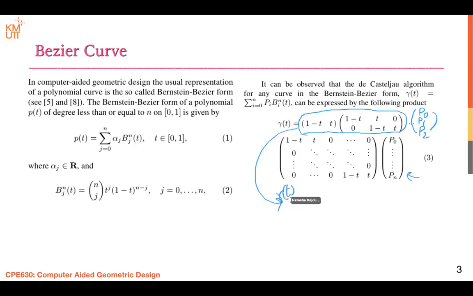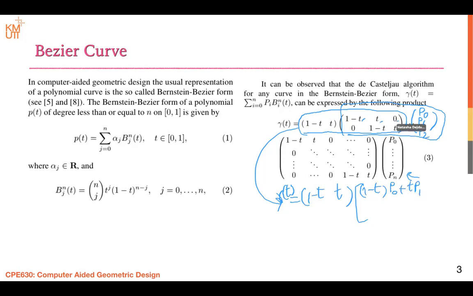gamma t is equal to 1 minus t. I have to write this first, and then I have to multiply the 2 matrices here, right? It will be 1 minus t p0 plus t p1.